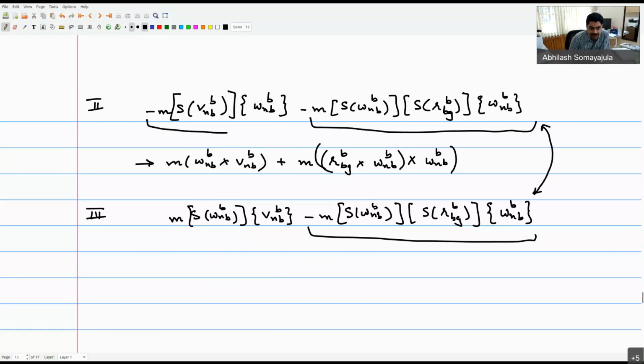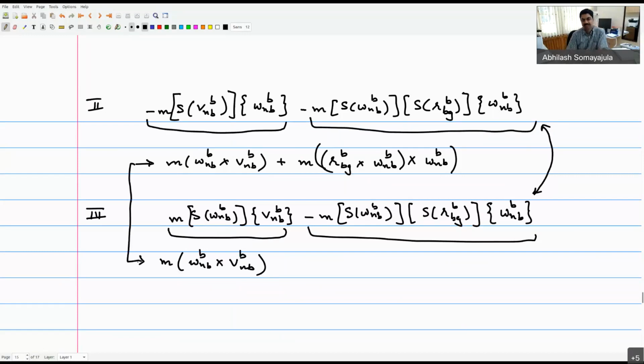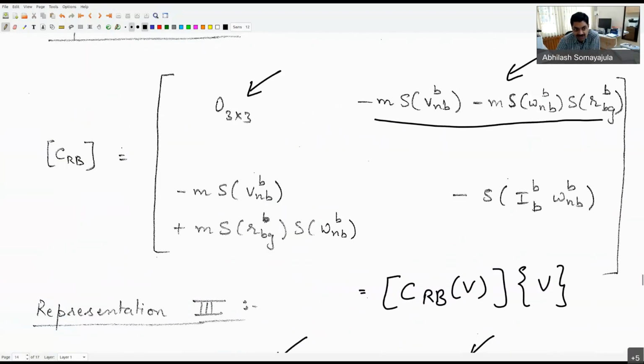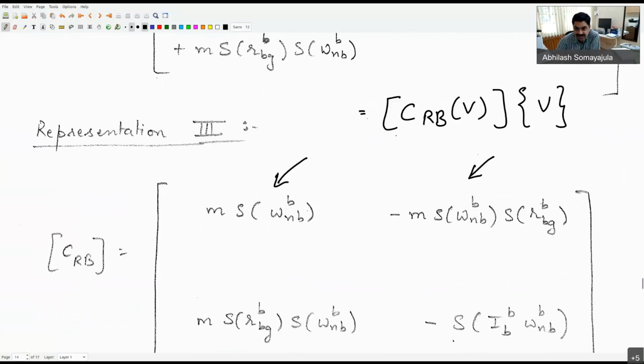Now, it is also easy to see that these two terms are actually not different, because this term will yield m times omega_nb^b cross v_nb^b, and we saw that the same thing is what I am seeing here as well. So it's the same terms which are coming in, but I can have multiple representations for the C_RB. So notice that the C_RB matrix is not the same, but when I take the product C_RB times the V, I'm getting the same thing.